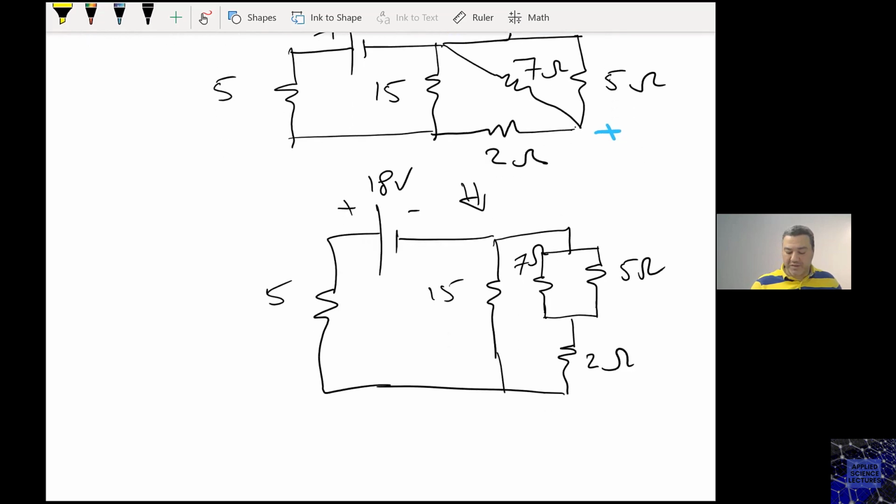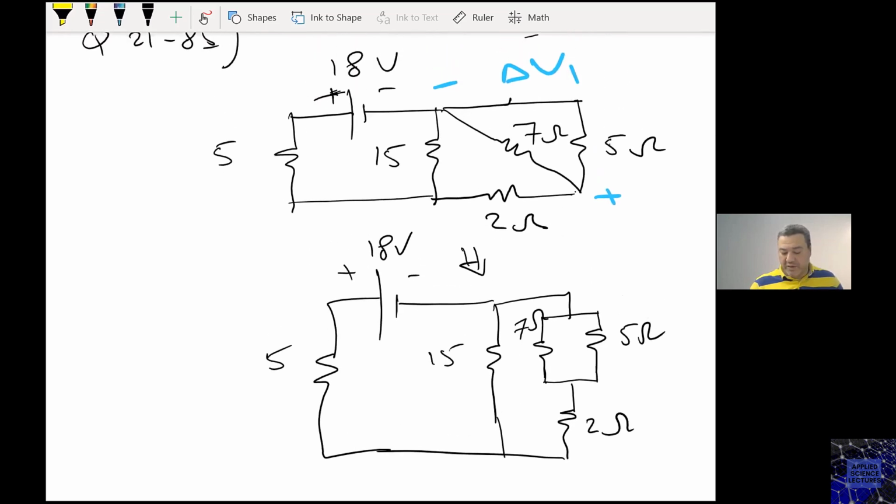Since I rearranged, I don't want to lose track of the potential difference I'm interested in. It is this one between here and here, and it is called delta V1.